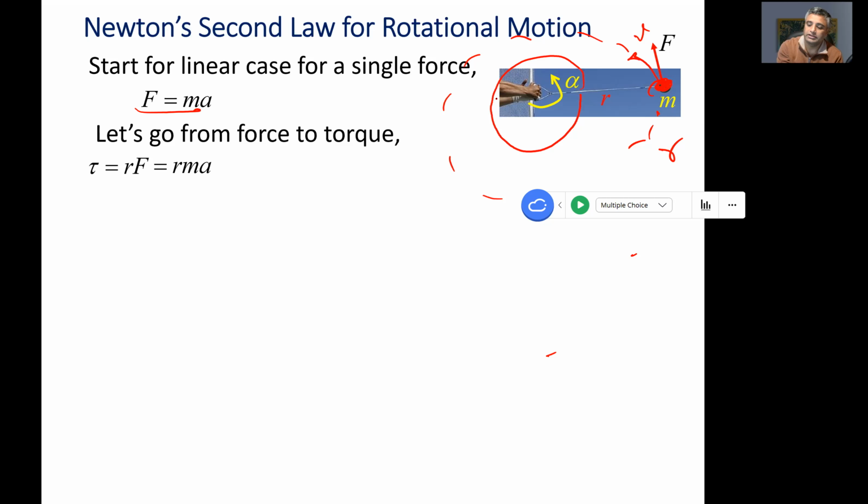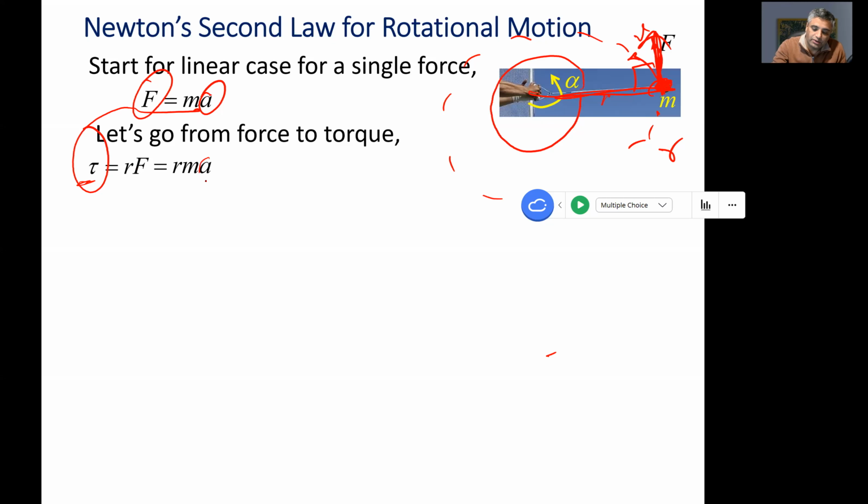Now for the rotational motion, we need torque. And we know torque is r, the lever arm, times force in this kind of situation when these are perpendicular. So now I can replace F by m times a. When I do that, it becomes m times r times a. So we are going from linear to angular.